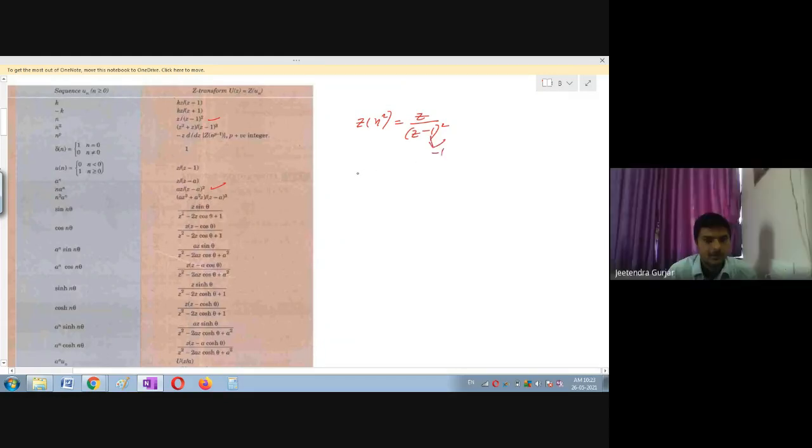So better you take here n a raised to n formula, so that if you write this like this, it will going to be az divided by z minus a square, so that I can substitute any value of a.